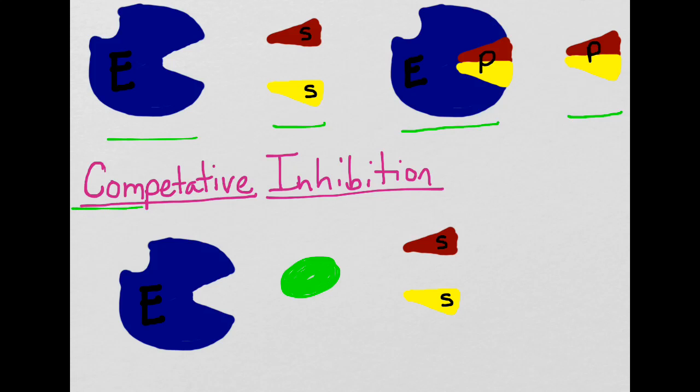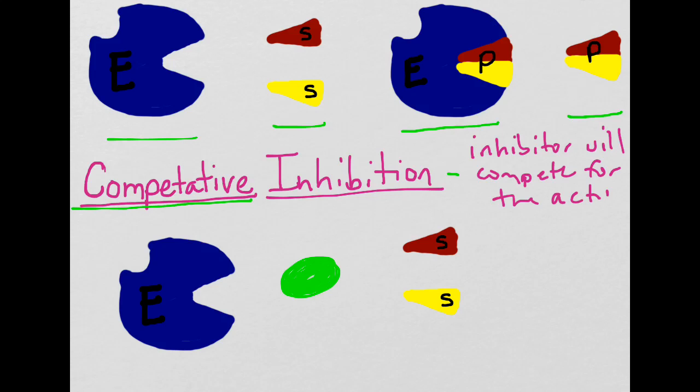So the first type of inhibition, how we're going to stop this enzyme from working, is called competitive. And in competitive inhibition, the inhibitor will compete for the active site. So it also has affinity for the active site, attraction for the active site.